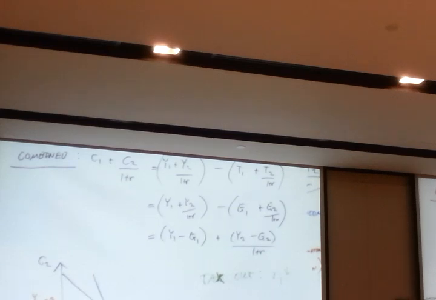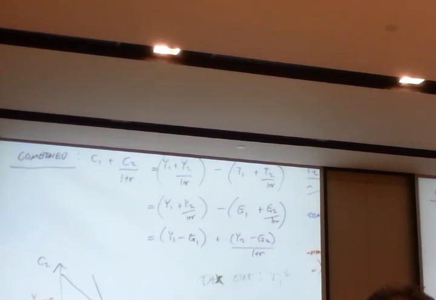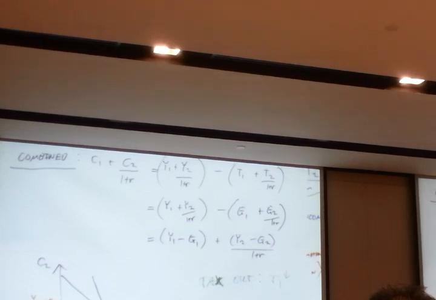Which way does it move? We know it's going to go somewhere right. The question is, does it remain on this budget line? Does it move to here? Why not? Why can it not go here?